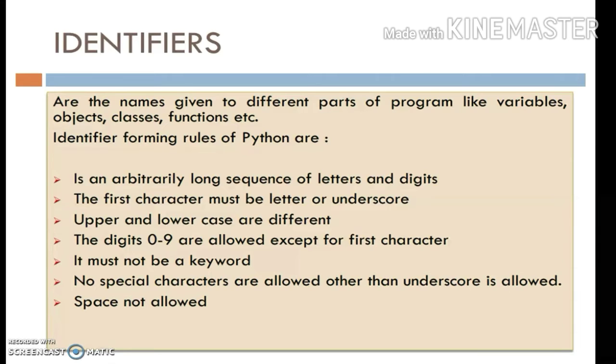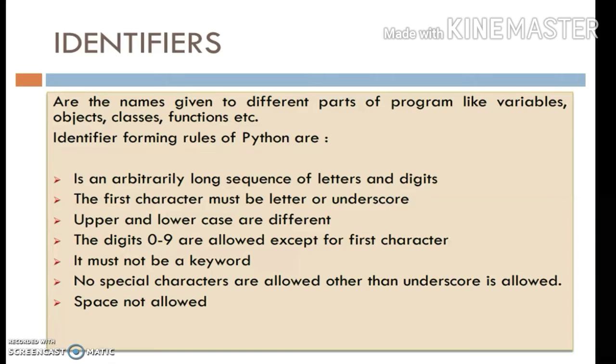Next, uppercase and lowercase letters are different. You can use both, but Python will treat them as different characters. Next, the digits 0 to 9 are allowed except for the first character. Digits are allowed, but the first character must be a letter.